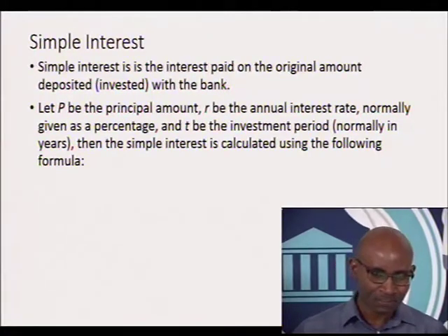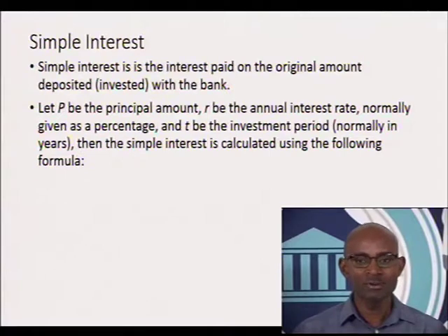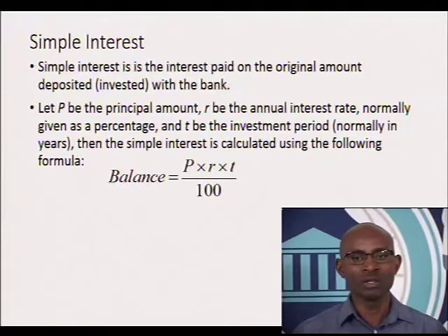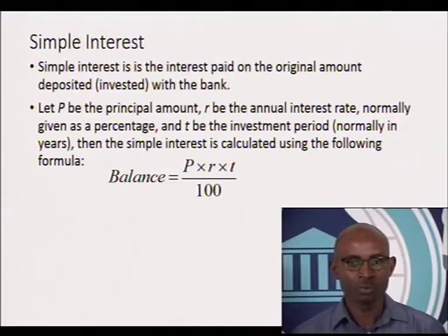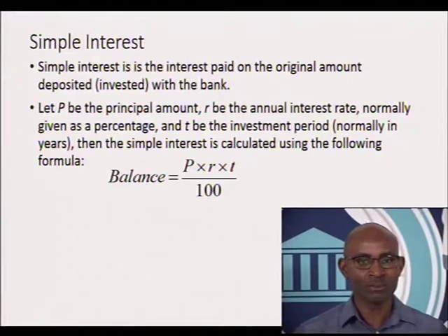Then the simple interest is calculated using this formula, which means it's interest, which is R divided by 100, because remember R is given as a percentage. Percentage means per 100.